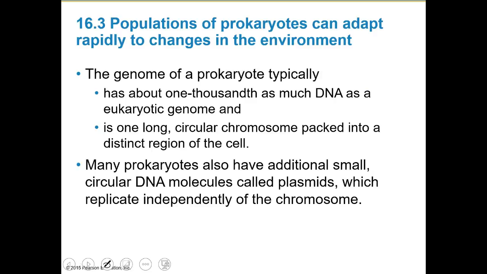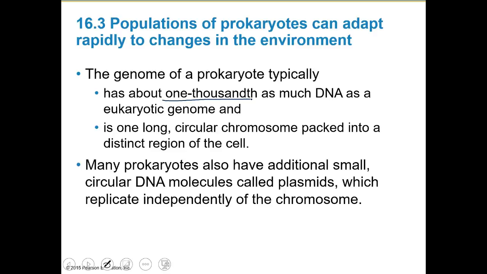The genome of a prokaryote typically has about 1/10 as much of the DNA as a eukaryote genome, or 1/10, 1/1000th. There we go. So it's a lot simpler. You don't need a whole lot of genes to power just one single cell. Okay. It's usually a long circular chromosome packed into a distinct region of the cell, which we usually call the nucleoid space.